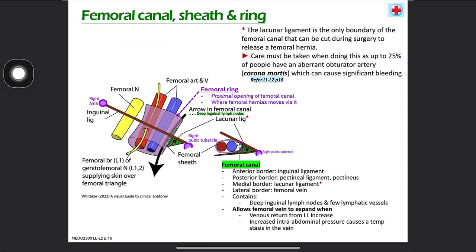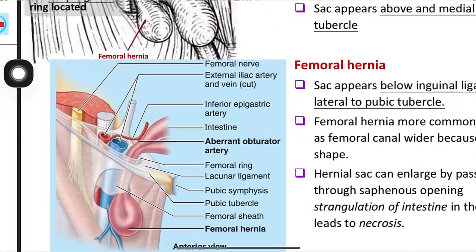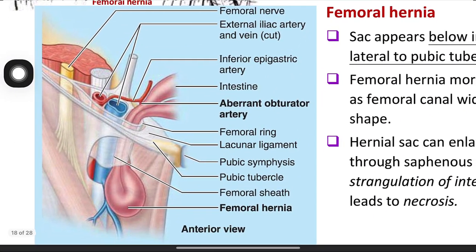Let's go to page 18. This shows you the idea. You can go to this slide and have a look. So this one is the aberrant obturator artery. It may form here, and then if you have to repair these femoral herniations, you may have to cut it open.